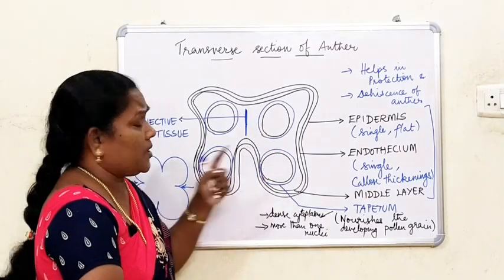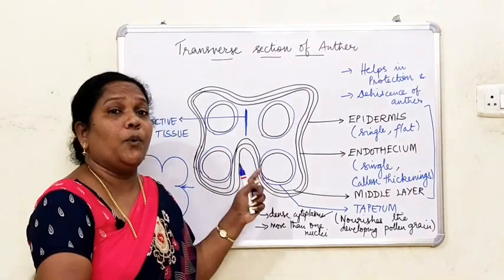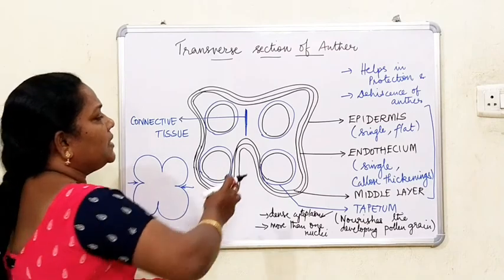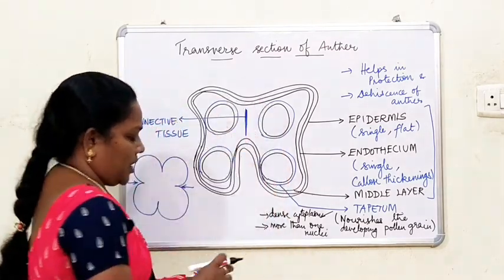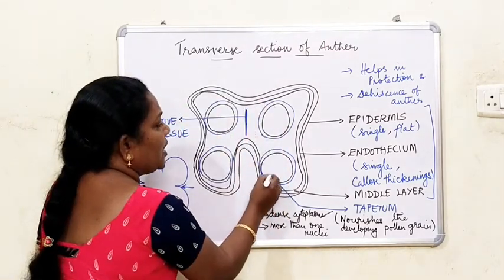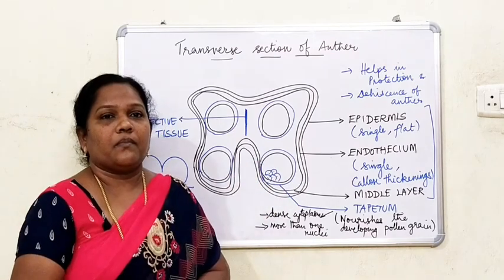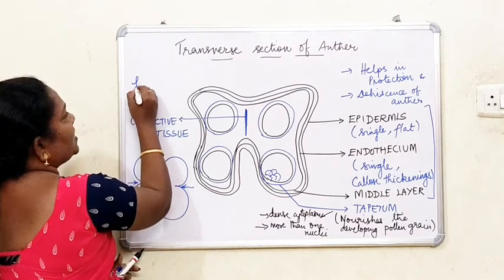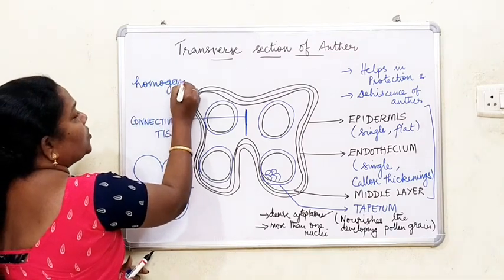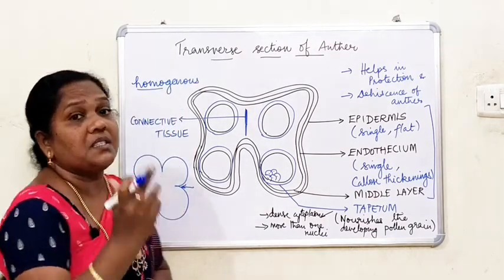Now here are the four microsporangia. Later on this microsporangia develops into a pollen sac. Inside this microsporangia you have cells, and all the cells are the same. You call that homogeneous in nature. What do you mean by the term homogeneous? Homo means same, all the cells are the same.